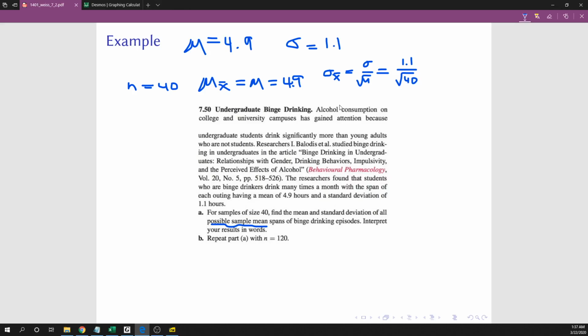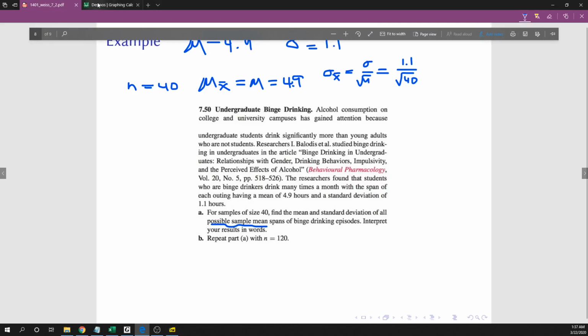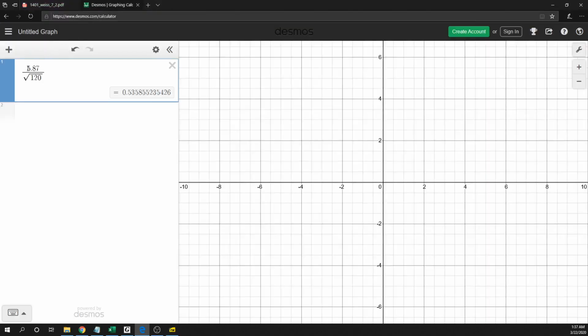Okay. So 1.1 divided by the square root of 40. That's 0.174.